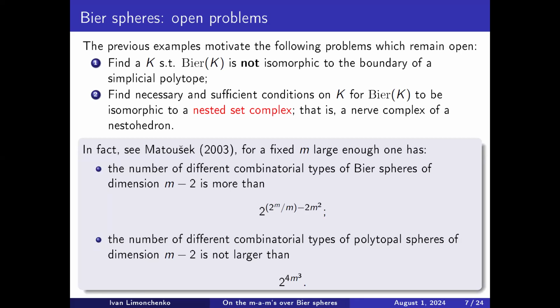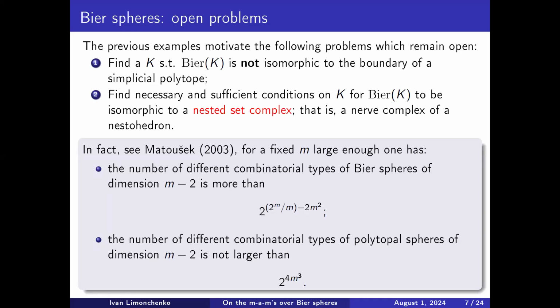So this is, again, a typical mathematical situation, like with transcendental numbers, for example, where the majority of real numbers are transcendental, but it was a problem how to construct or find a concrete example. And with Bier spheres, we still have the same kind of challenge: we are trying to construct an example to prove that a certain Bier sphere is non-polytopal.